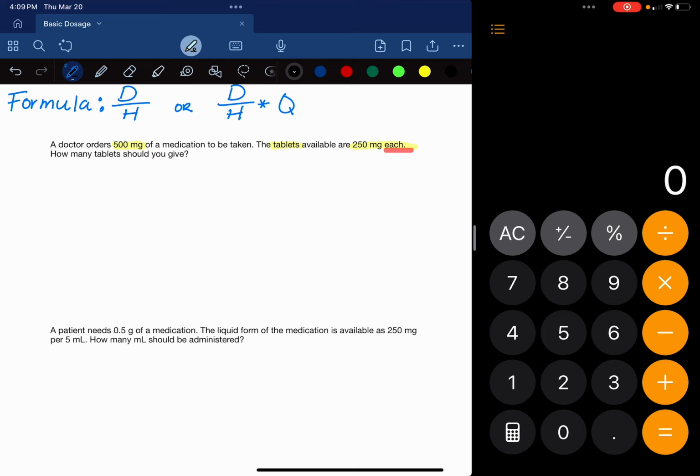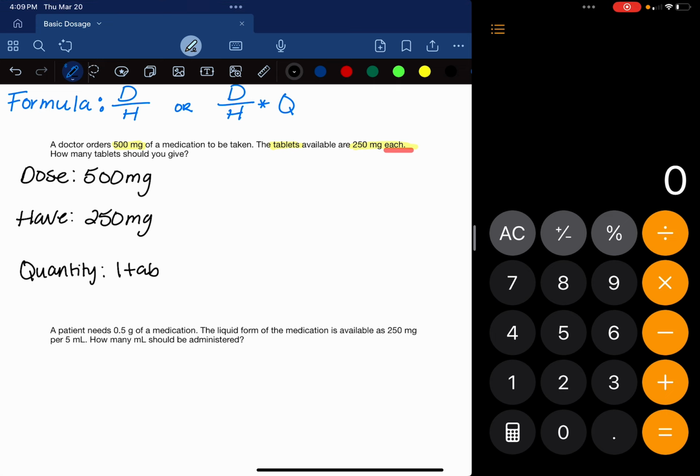So first, you have your dose, which is the order, 500 milligrams. Your have is 250 milligrams. And then your quantity is 1 tablet, right?